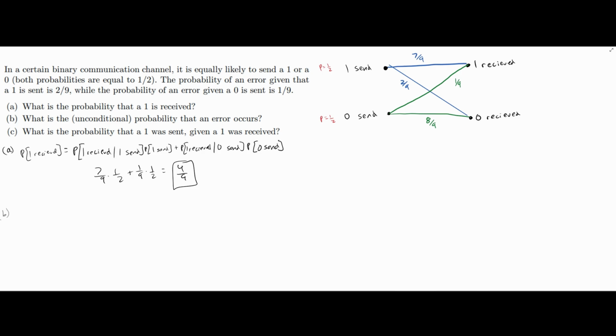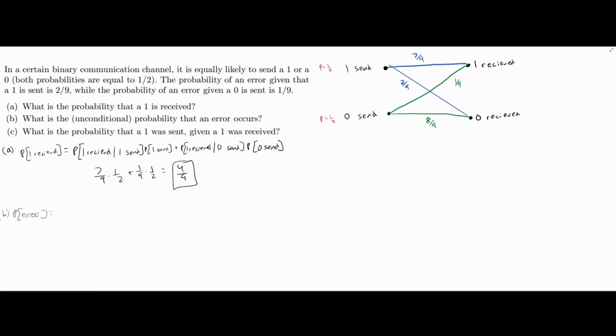Part B, it says what is the unconditional probability that an error occurs? So we have the probability that we get an error. Well, it's going to be basically the same thing as our first part, except we're changing this from received to error.